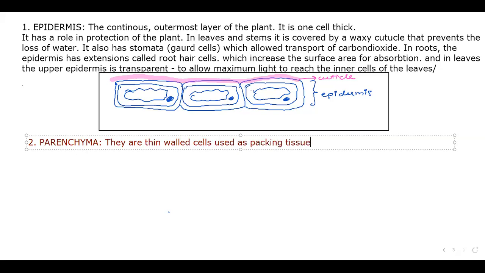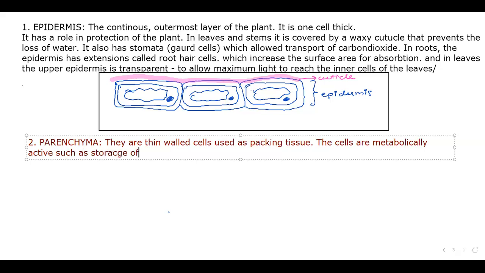So when they want to pack the cells together to provide support and strength, parenchyma is the tissue that they go for, right? The cells are metabolically active, meaning that they will be involved in metabolism of the plant, such as storage of starch. If I want to store starch, I can store it in the parenchyma cells, right?